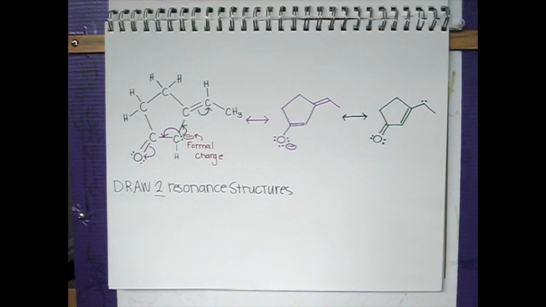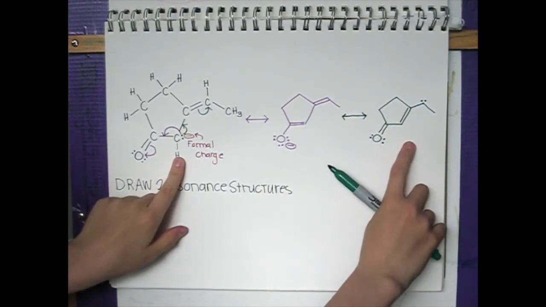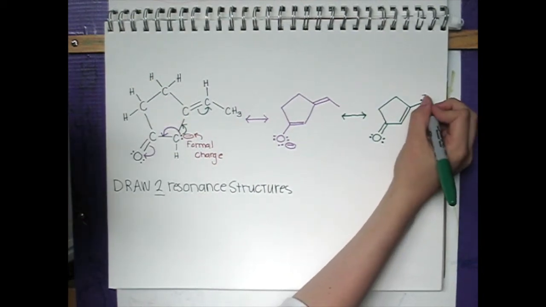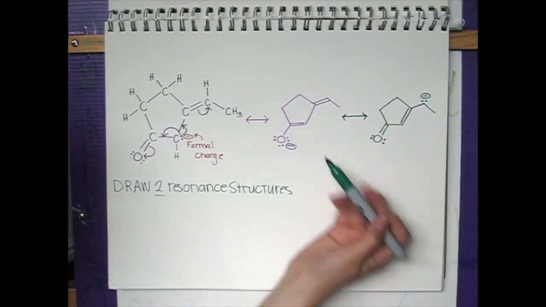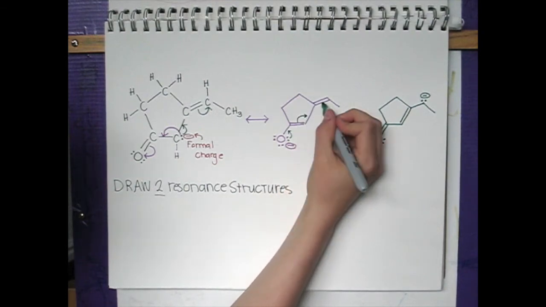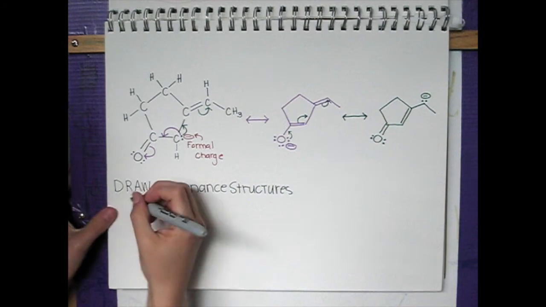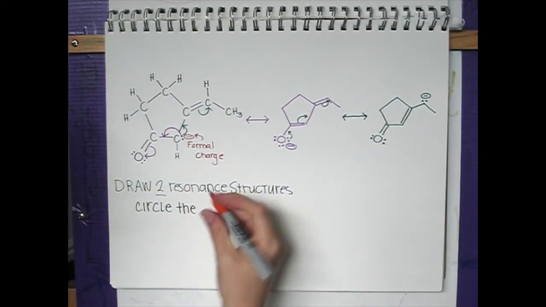Our electrons end up on that carbon, so that carbon with the electrons will be negative. Okay, now we're going to circle the major contributor. Oh, I'm just showing you how you can get from the second structure to the last one. That's just extra information for you.